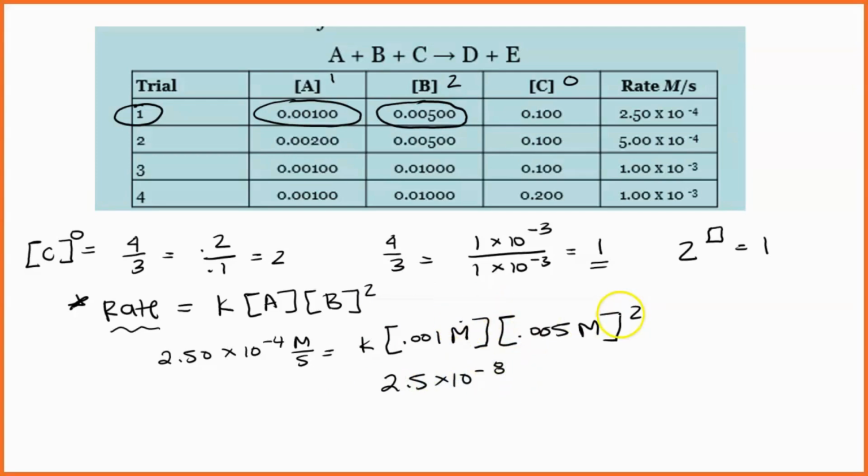When I multiply M times M squared, I'm saying M squared because of this squared here. What does that become? M to what power? Cubed. And I still have my rate on the other side. Next, I'm going to just divide by that 2.5 times 10 to the negative 8th on both sides.